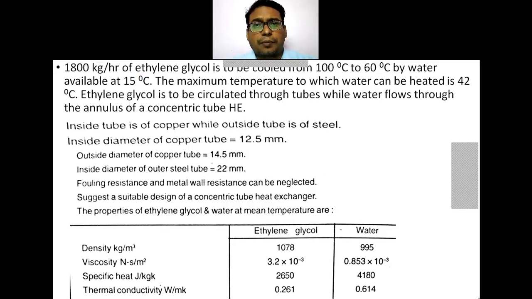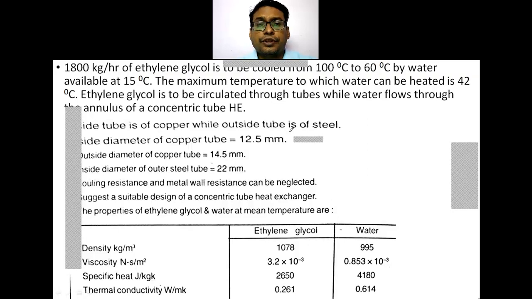Now this is a double pipe heat exchanger in which ethylene glycol and water are flowing. The ethylene glycol at a flow rate of 1800 kg per hour is to be cooled from 100 degrees Celsius to 60 degrees Celsius by water available at 15 degrees Celsius.